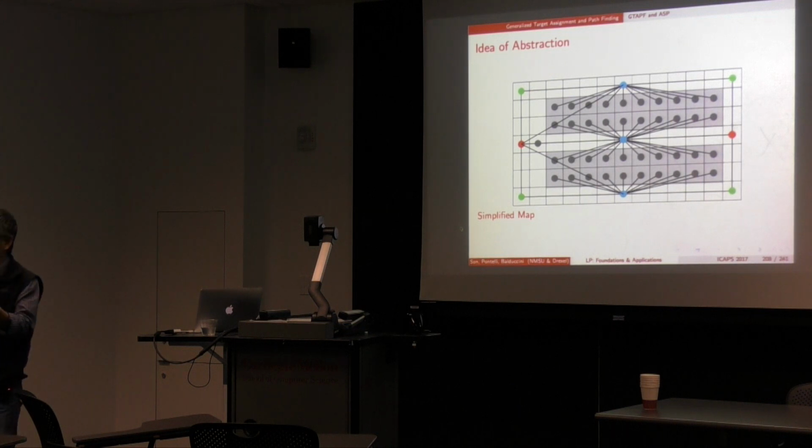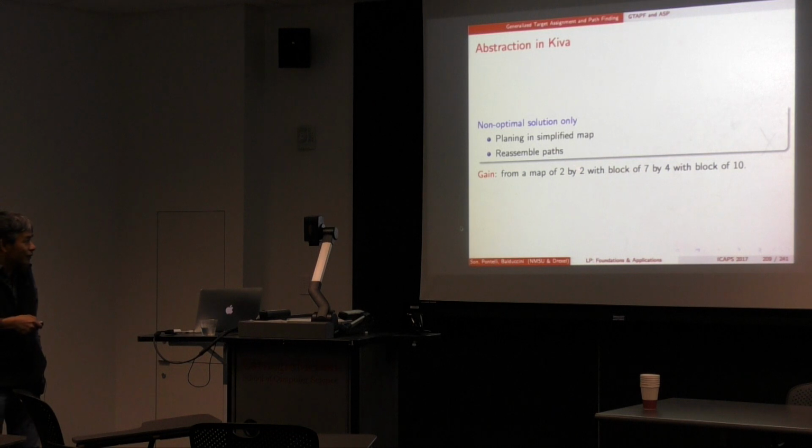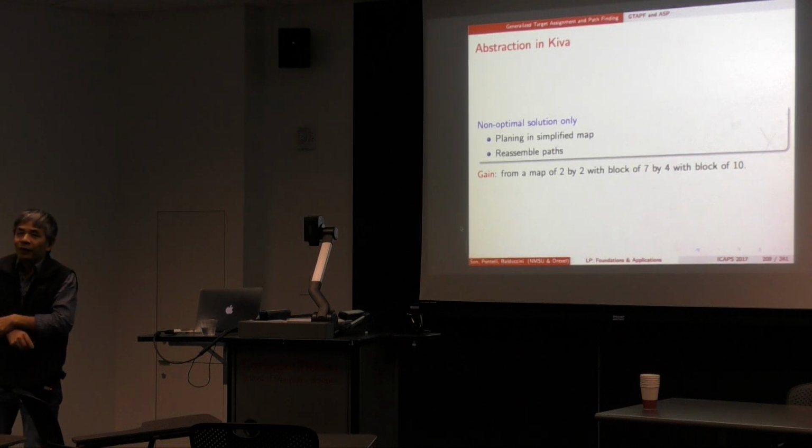We do the planning in that simplified map, and then we basically regenerate, decouple the plan after that solution. And with that, we can reassemble the parts. With the original code we cannot solve it, but if we add that abstraction, we can solve the problem with quite a large number of agents.